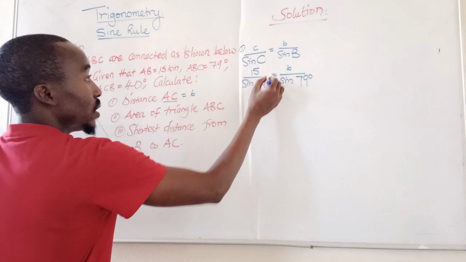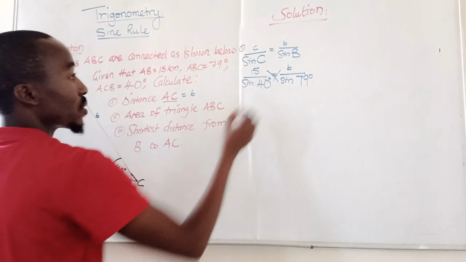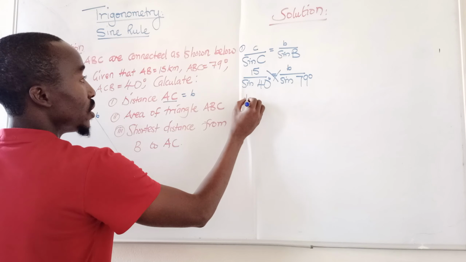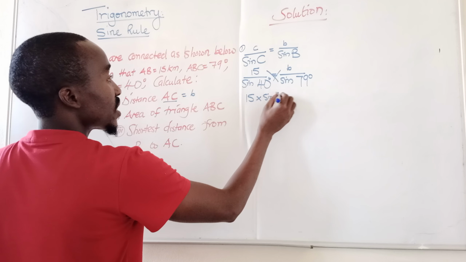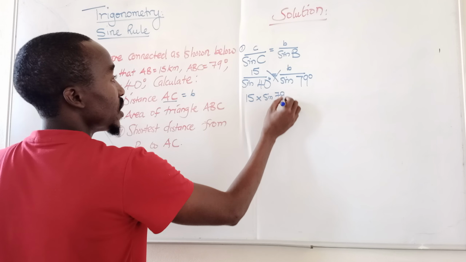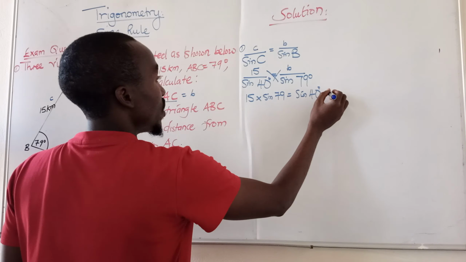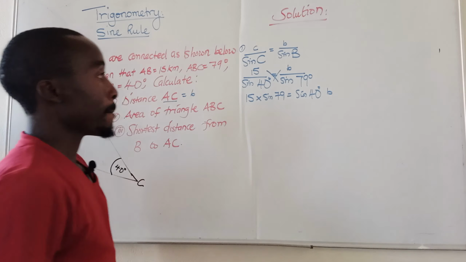From there we cross multiply. So this will be 15 times sine 79 is equal to sine 40 degrees times B.